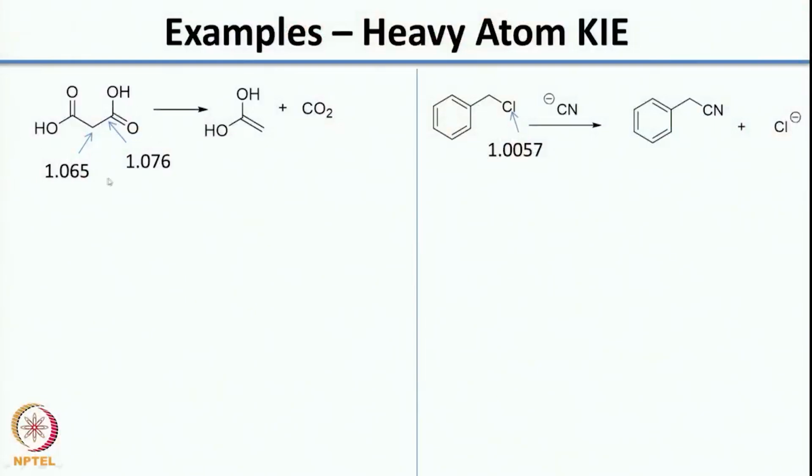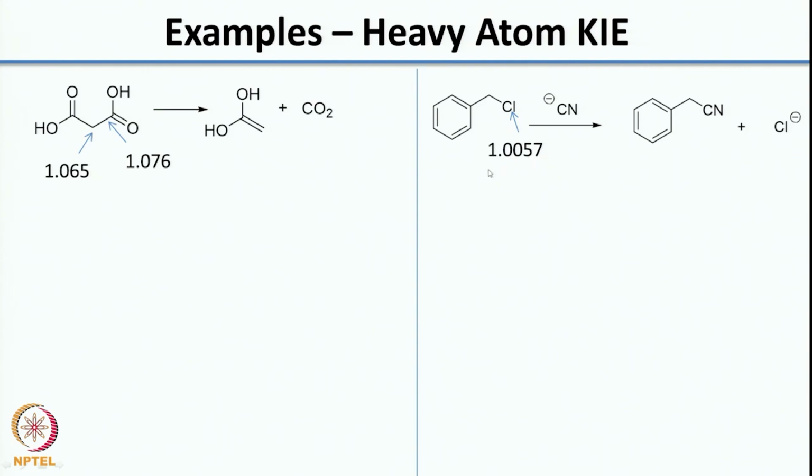So what is seen is values of 1.065 and 1.076 actually correspond to primary kinetic isotope effects, and in the case of Cl, you can do the calculation of reduced mass for Cl as homework, but you would see that there the difference is even smaller.